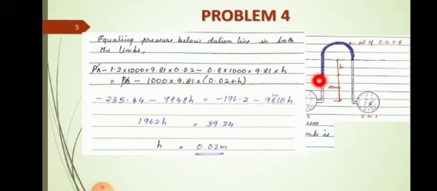It is not mentioned like that, so you may draw the figure in the other direction also, but when you solve it you will get a negative sign along with the h value. So from that we can understand that the position that we have assumed is wrong and it is the other way around. Okay, so from here you can understand that the value of h is 0.02 meters.